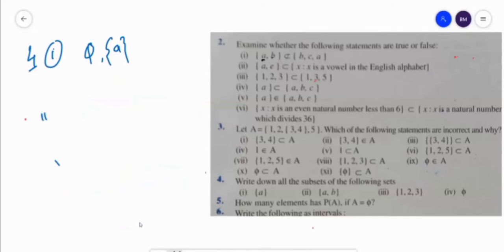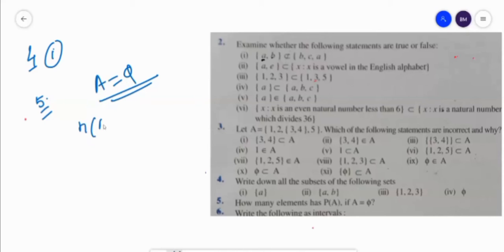How many elements does P of A have? So number 5, it is given A equal to phi. How many elements does A have? So the formula is 2 to the power 0. The number of elements in A is equal to 0.